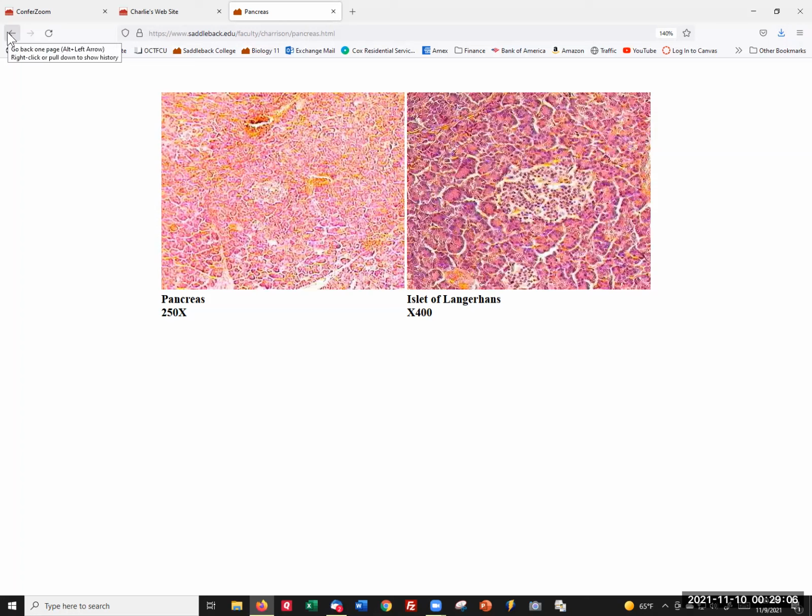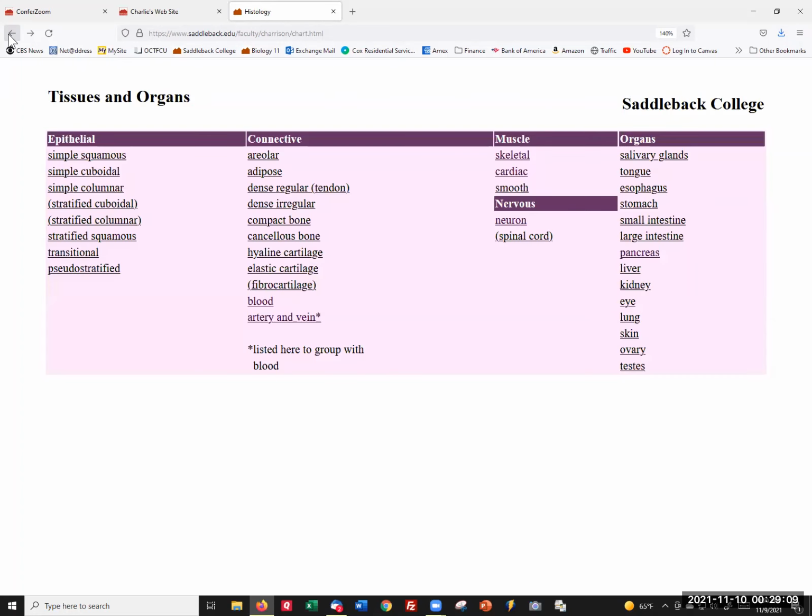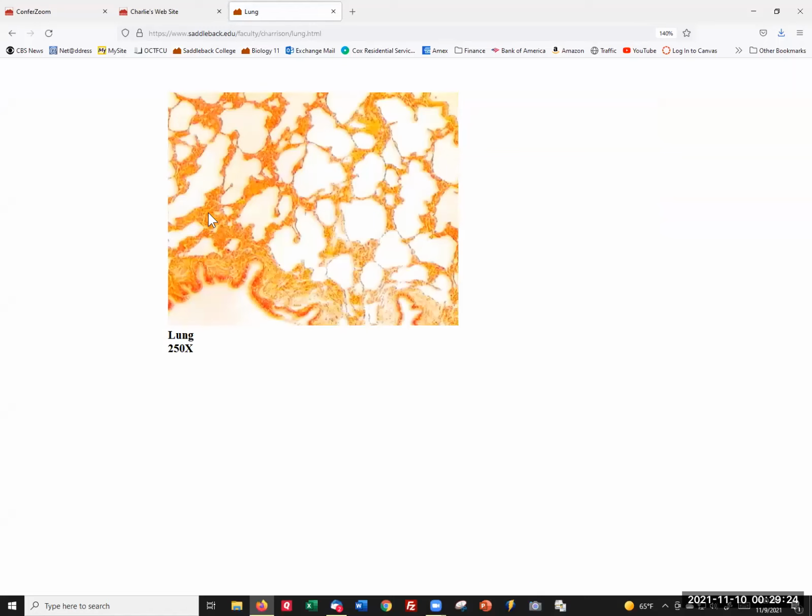You're going to want to be able to recognize pancreas, but there are other places to see a picture. One picture probably is not going to do it.